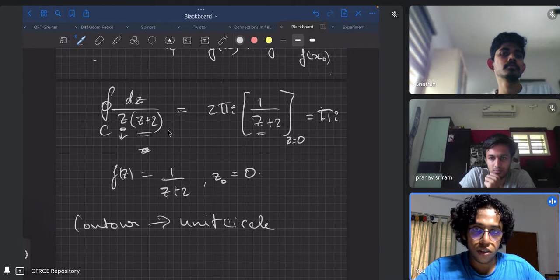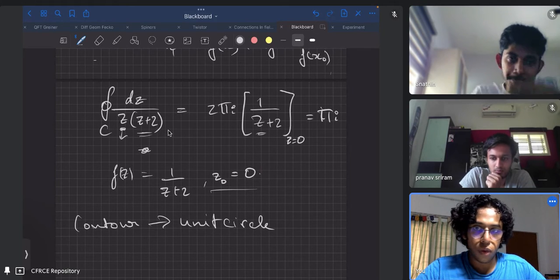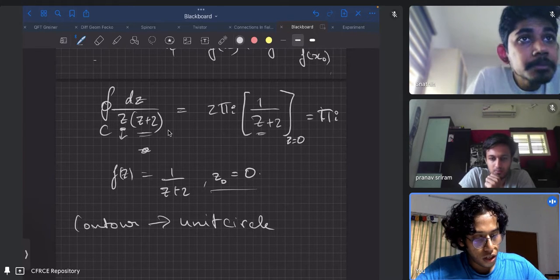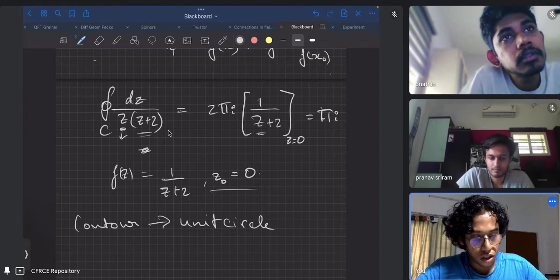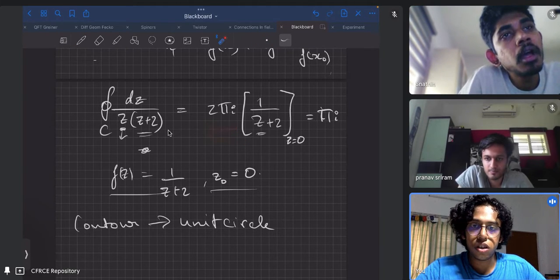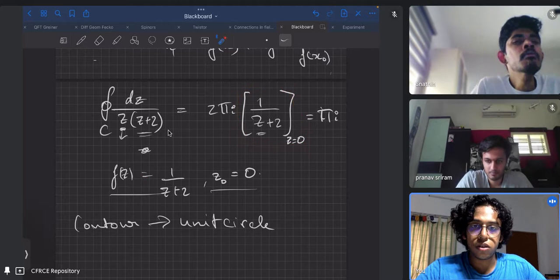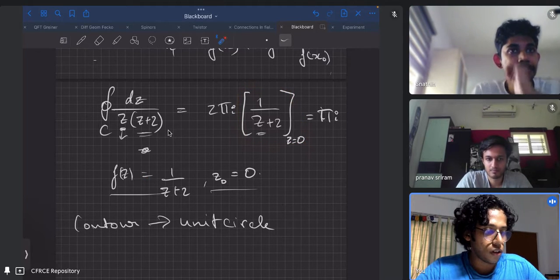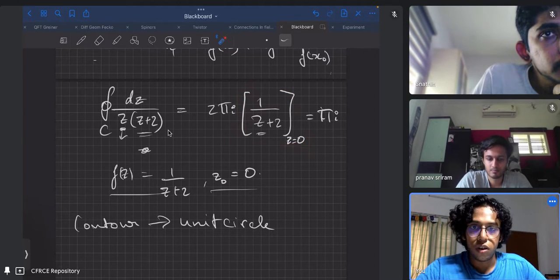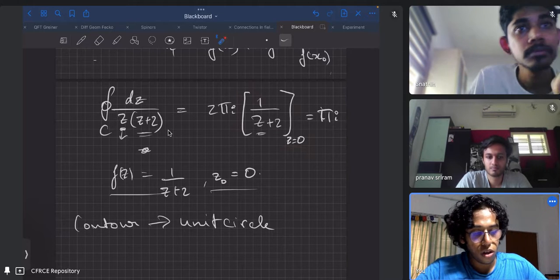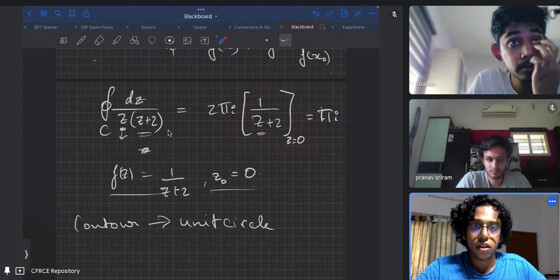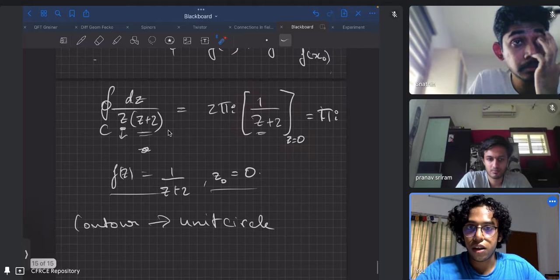Your z naught is 0 and your f of z is 1 by z plus 2. So you have the integral here, and then 2 pi I f of z naught, where this is your f and you're evaluating at z naught. So you have 1 by 2 times 2 pi I, so you have pi I.